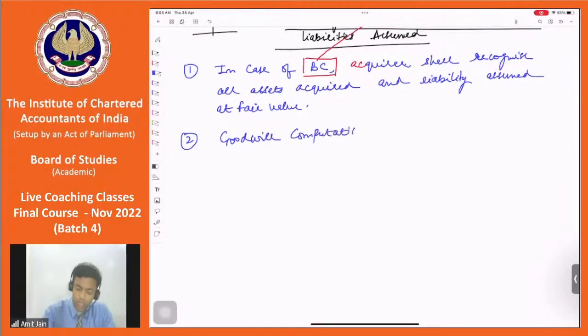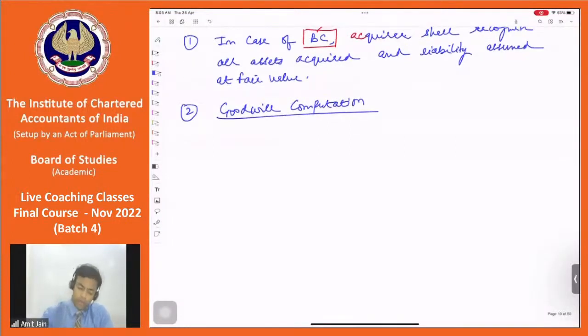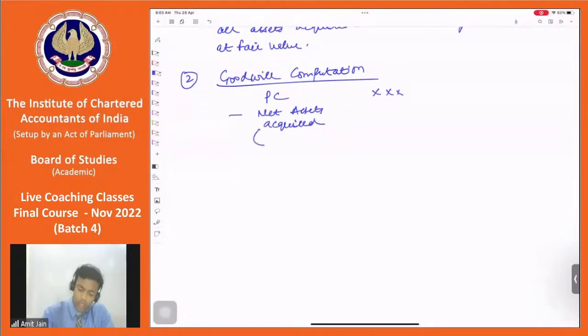Whenever you talk about business combination, one thing comes to mind: goodwill. Purchase consideration minus net assets acquired. Net assets means assets minus liabilities.